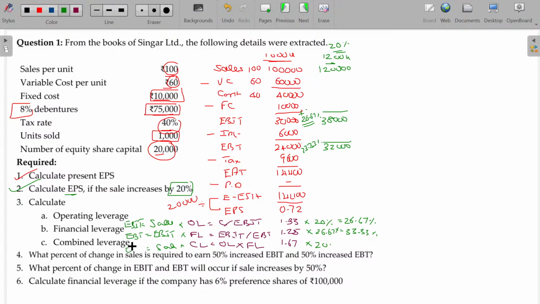This will give you EBT from the sales. Now 20 percentage into 1.67 is 33.33 percentage. Is that okay? So 24,000 into 33.33 percentage is also 32,000 rupees.